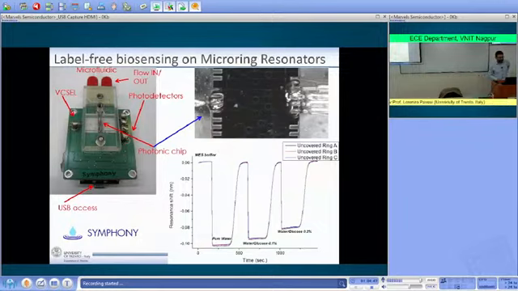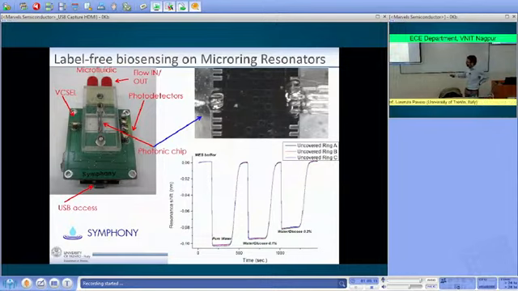So here is an example of the compact system that we have built. And here you see an optical image where you can notice all the microring resonators. Here you see the place where the fiber has been glued to the chip as the input. Here you see the place where the fiber has been glued as the output. Here you see the compact system. So this is the chip.